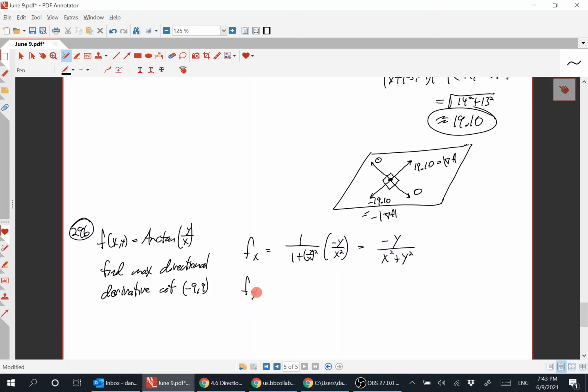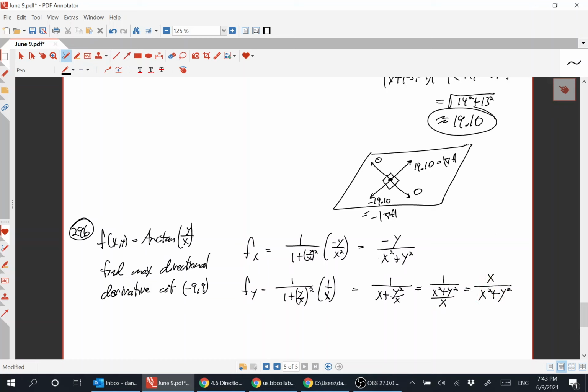Partial derivative of f with respect to y: 1 over 1 plus (y over x) squared, times the derivative of the inside. In this case, it's just 1 over x because x is the constant. So we get 1 over x, times 1 over 1 plus y squared over x squared. Multiply through on the bottom by x: x squared over x plus y squared over x. So that's x over x squared plus y squared.